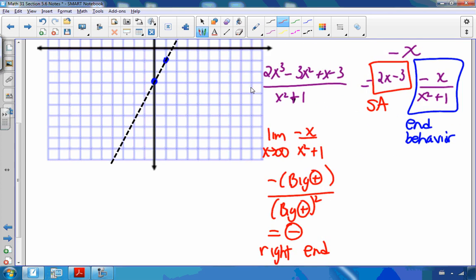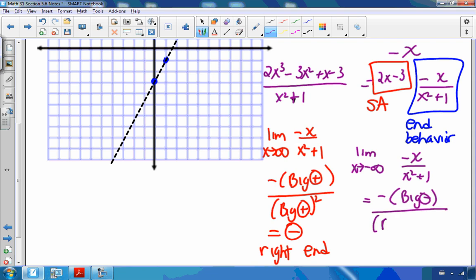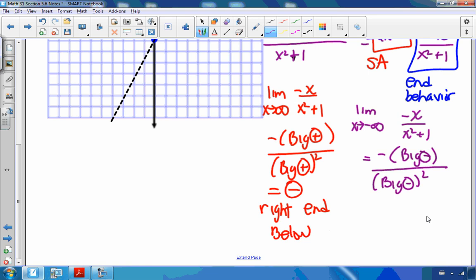Okay, let's do the same thing on the other side for negative infinity. So the limit as x approaches negative infinity of negative x over x squared plus 1. So I'm going to have a big negative, all over a big negative number squared. Plus 1 isn't going to change anything.